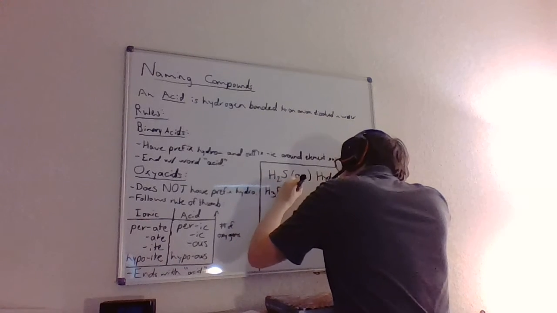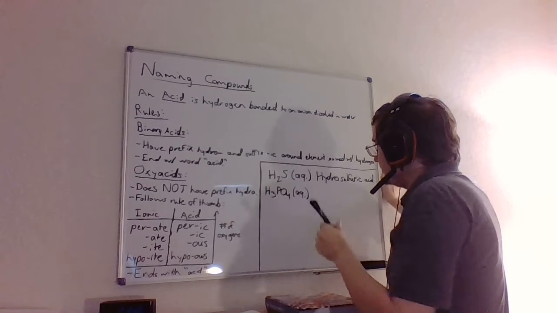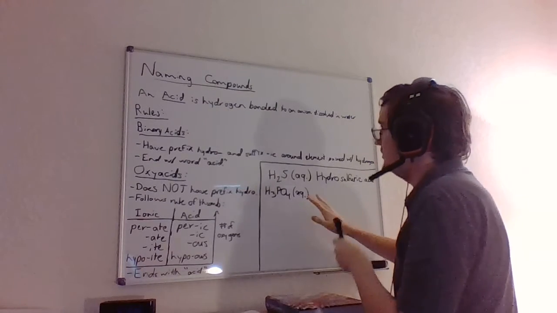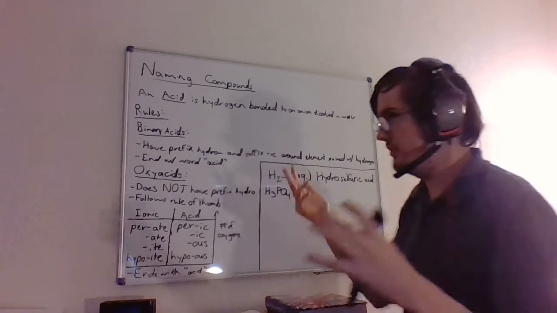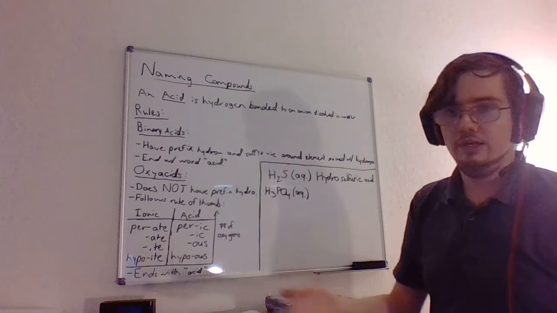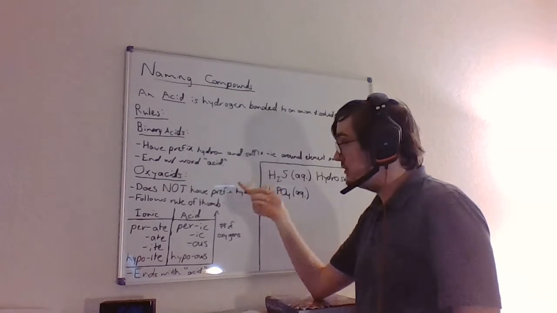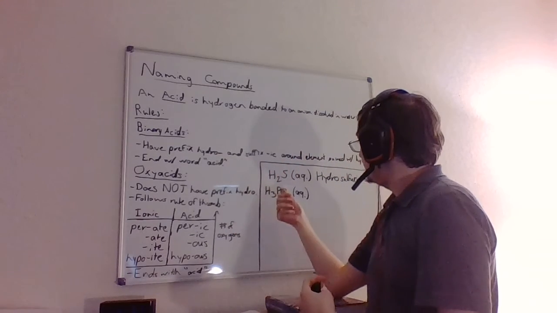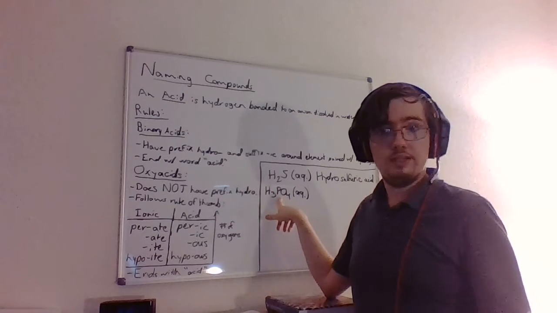H3PO4, again, aqueous. Right away I can tell it's not binary, because binary means 2. We have hydrogen, phosphorus, and oxygen. That's 3, so it's not binary. We're going to use the oxyacid rule, because, again, oxyacids include the polyatomic ions with oxygens in them, like that right there.